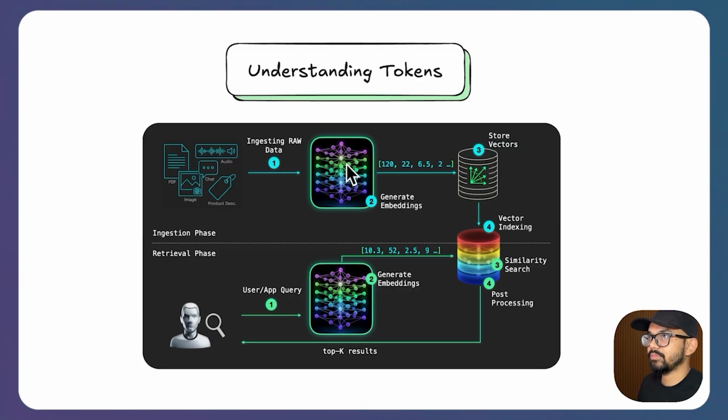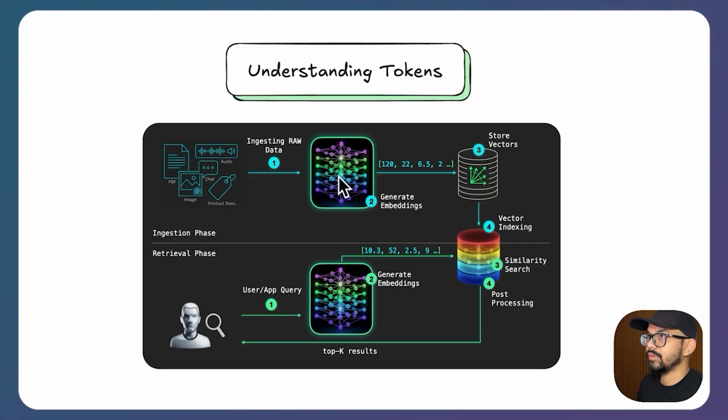Internally, this raw data is first converted into something called tokens, and these tokens are nothing but a numerical representation of this raw data. Then internally, these tokens are converted into vector embeddings. That's done within the embedding model, so you don't have to do that.